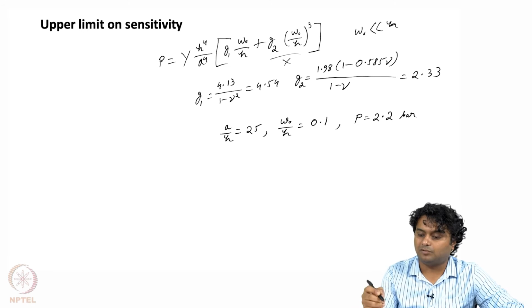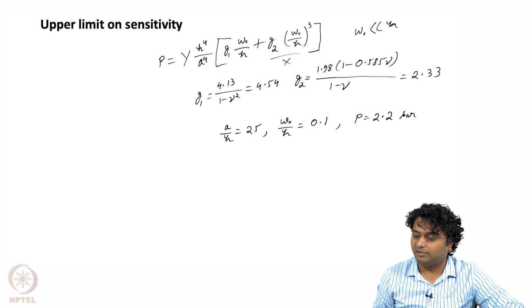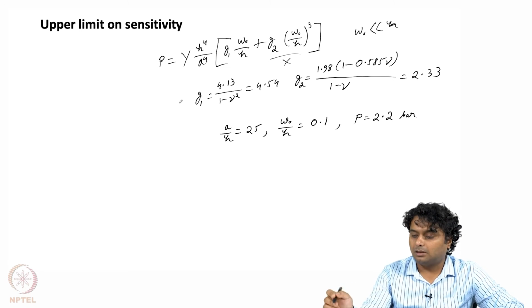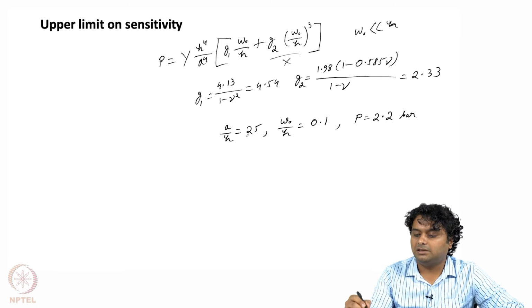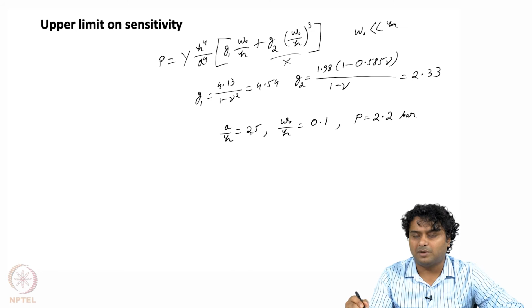This is for silicon, so for Y also you will use the silicon value. Now, you see why I wrote these actual numbers, because A by H is 25. So, if your membrane thickness is 1 micron, then the side is 25 micron, which is a pretty reasonable assumption. Then we have W0 by H equal to 0.1.